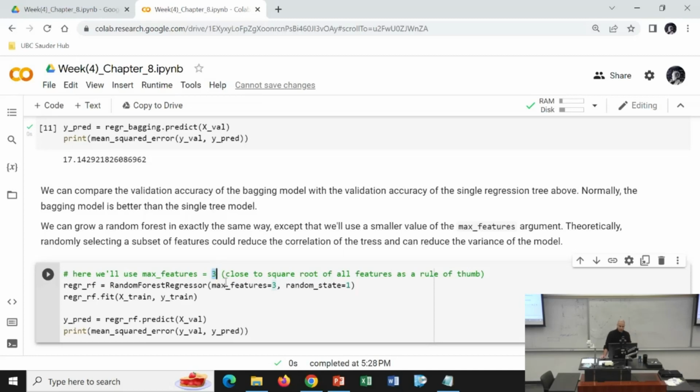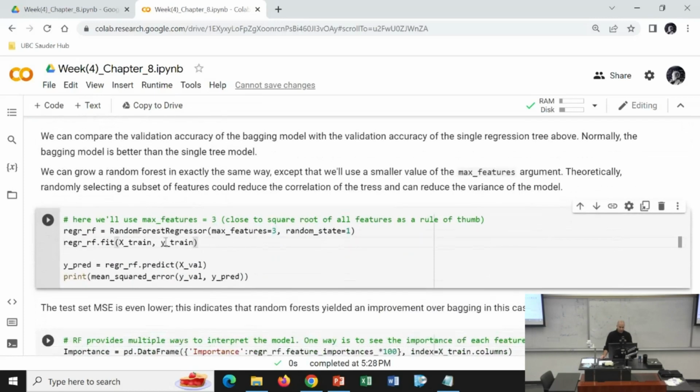We had 13 or 14 predictors, so the square root of 13 is almost 3. So let's use 3. This is a random forest with m equal to 3.